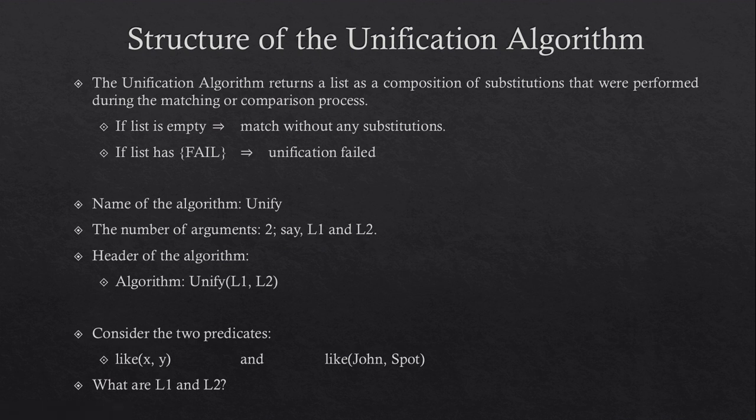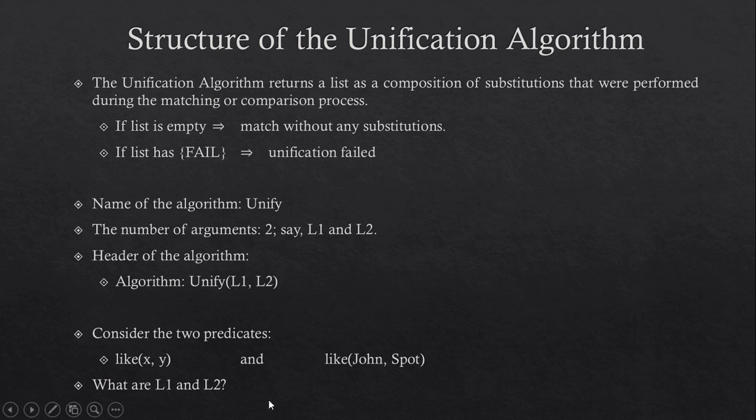So now our header of the algorithm is ready and it looks like this. Algorithm colon unify into bracket L1 comma L2. For example, consider two predicates like x comma y and like John comma Spot. What are L1 and L2 expected to be?